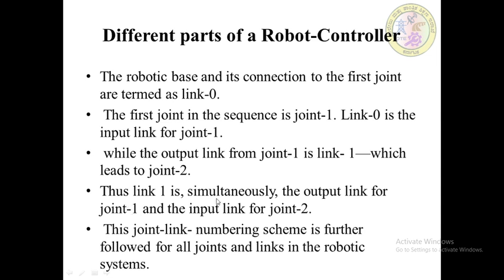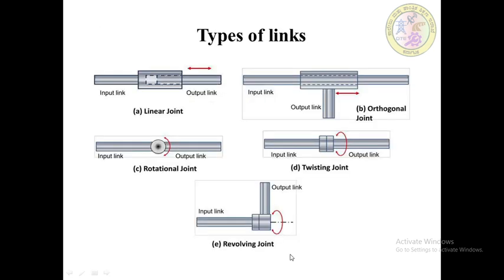Thus link 1 is simultaneously the output link for joint 1 and the input link for joint 2. This joint and link numbering scheme is further followed for the joints and links in a robotic system.